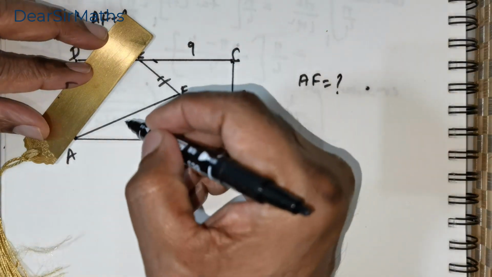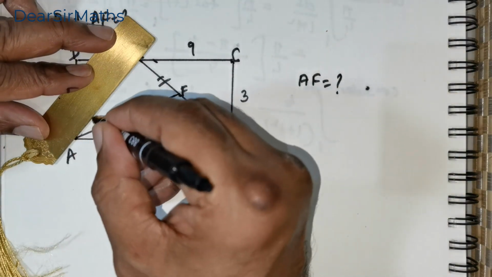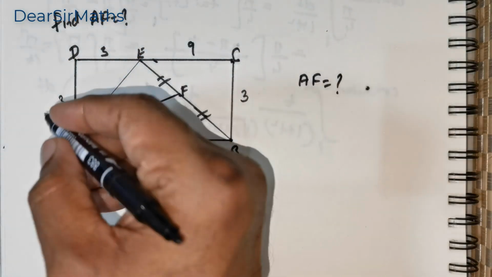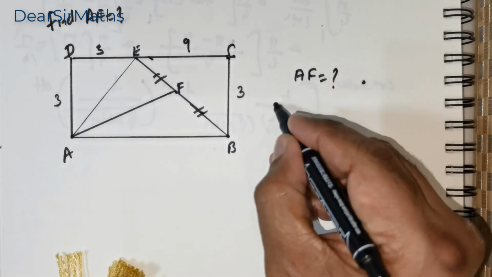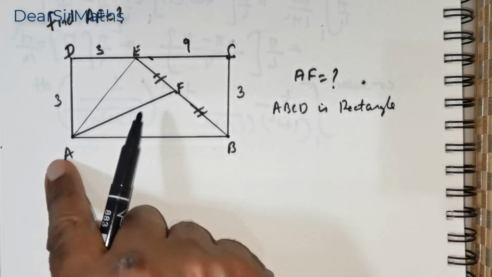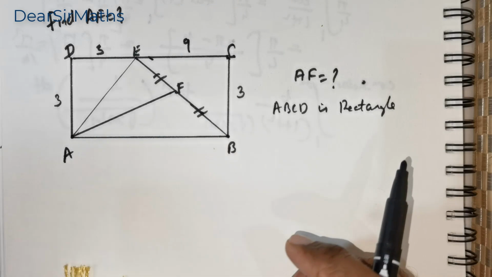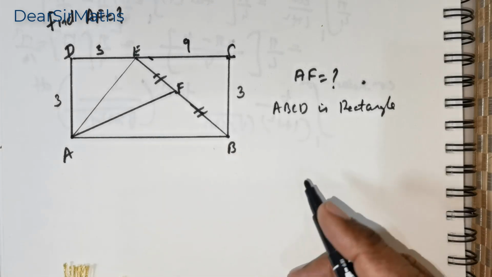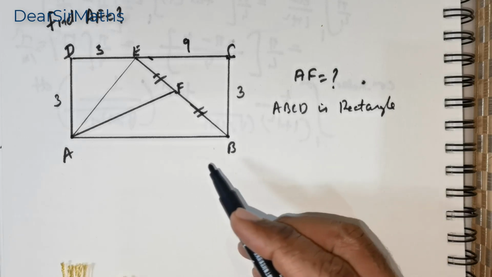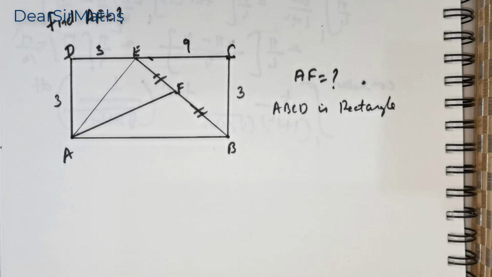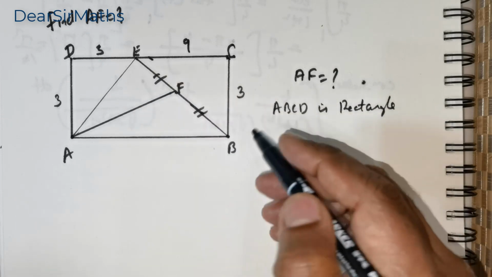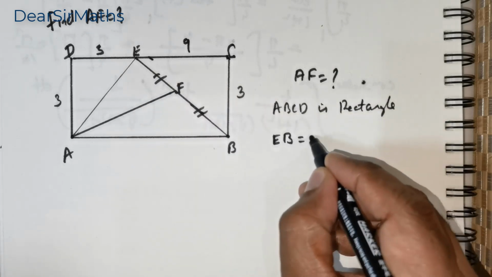Of course ABCD is a rectangle, so naturally angle A, angle B, angle C, angle D are all 90, but it's not of much importance to us. We are not going to be utilizing the angles. But what we will utilize is the median formula. Foremost, I would like to know the length of the line segment EB.